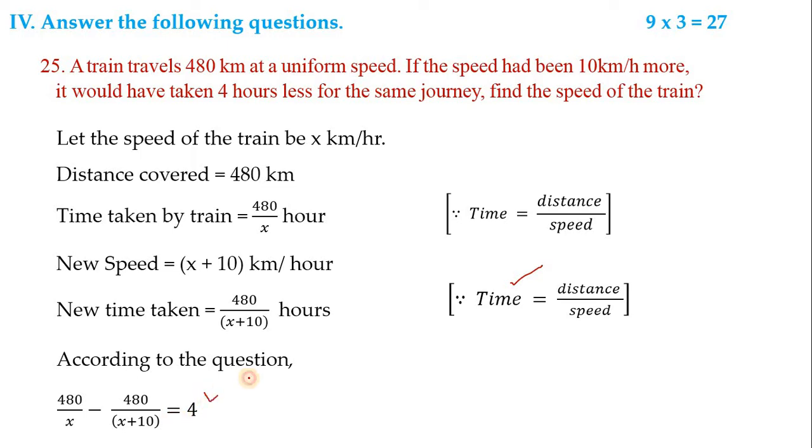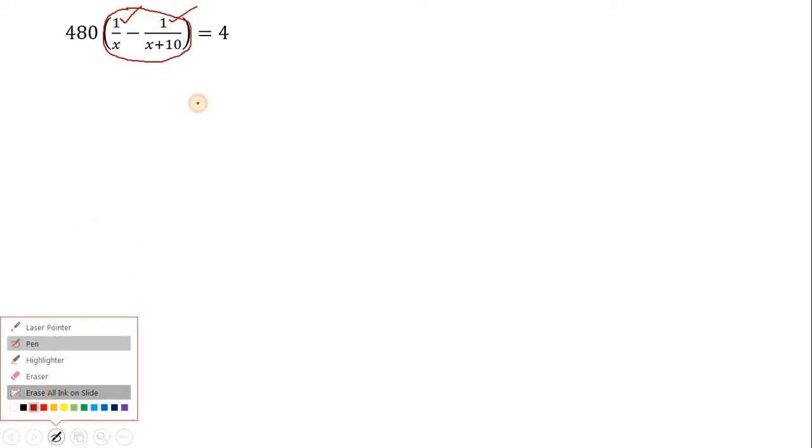Now we have to solve this. Before solving, look at the numerators. The numerators are the same, hence I can take 480 as a common factor. If I take 480 as common factor, everything else will be the same, so in the numerator we'll get 1. Now let us solve this, children. How do you solve this?